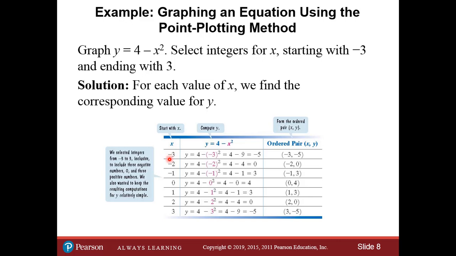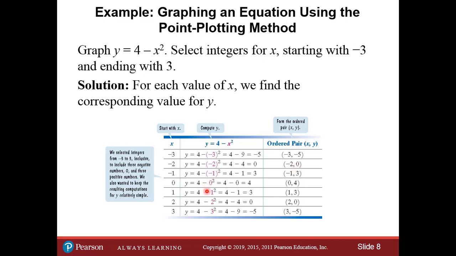We plug in -3 into this equation, and what do we get for y? We get -5. So the ordered pair that lies on the graph, or the ordered pair that is a solution to the equation, is (-3, -5). When we do that again for -2, we plug in -2 and solve for y, and we get 0. So (-2, 0) is also a solution. It's also a point on the graph.